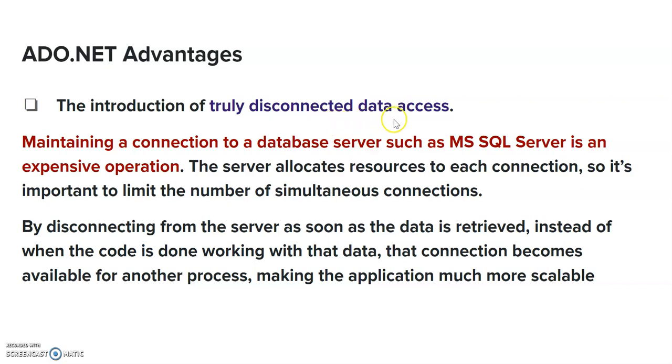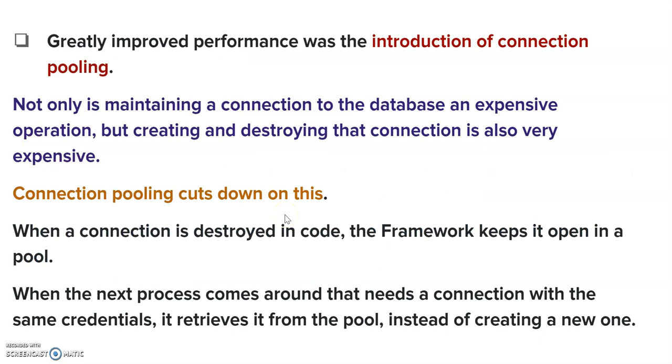As it supports disconnected data access, it reduces the load on the server, MS SQL Server, because maintaining the connection 24/7 is costly. Rather, it limits the number of simultaneous connections, and if required, the connection will be established. Otherwise, some data will be retrieved and stored in the data set, and the functions can be performed. That is one of the advantages of this truly disconnected data access.